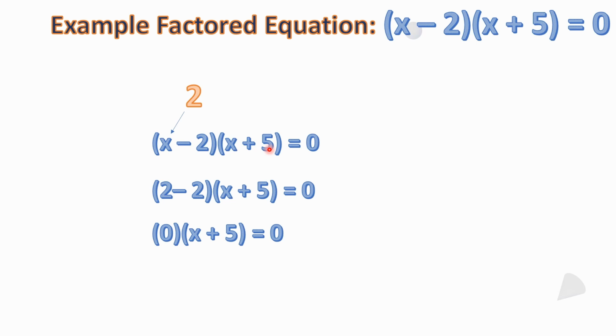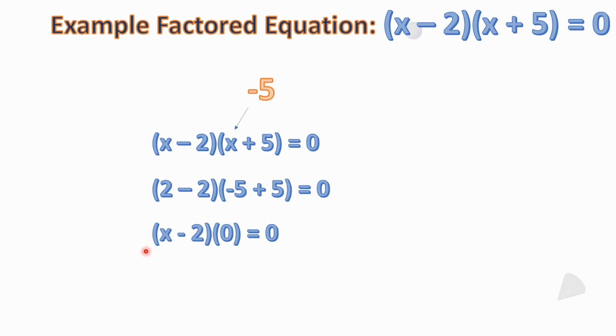Here I go into a little bit more detail on that by putting in a 2. I substitute a 2 in here. Well, 2 minus 2 is what? 2 minus 2 is 0. 0 times the x plus 5, like I just was describing on the last page, you're going to end up with 0. And again, we'll work this one through.